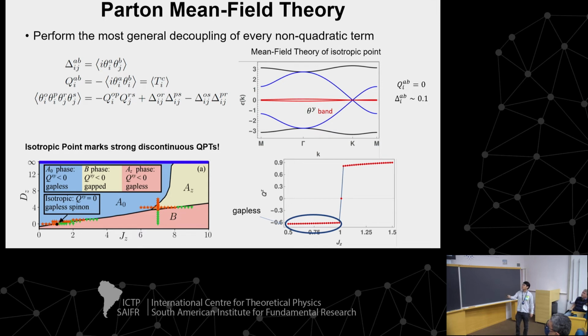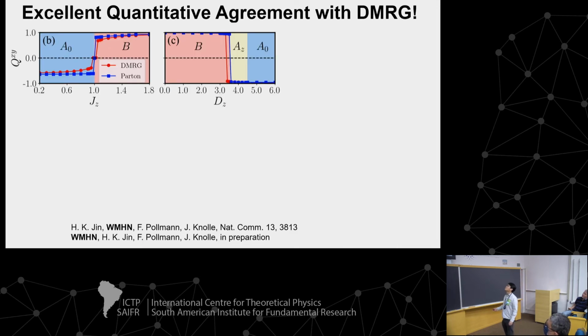On the left-hand side, you have a gapless quantum spin liquid that can be adiabatically connected to the gapless S = 1/2 Kitaev spin liquid. And on the right-hand side, we have a gapped quantum spin liquid, which is S = 3/2 and cannot be adiabatically connected to the gapped S = 1/2 phase.